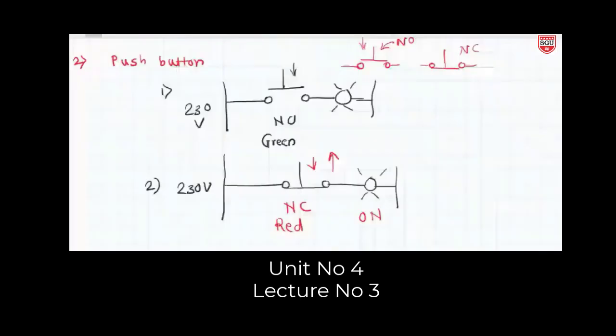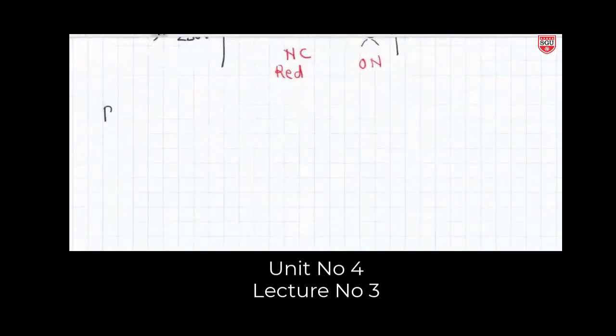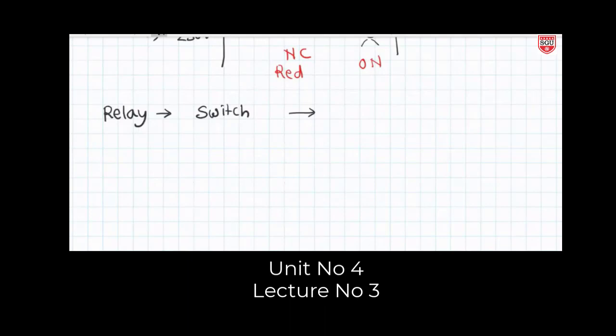What is a relay actually? A relay is a switch. As we know, a switch has two positions, one is NO, another is NC. So a relay switch is operated by a magnetic field.